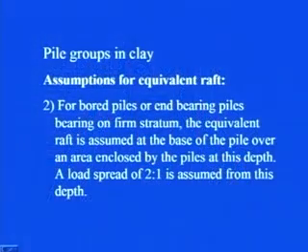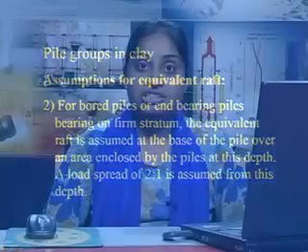The second point is that for bored piles or end bearing piles on firm stratum, the equivalent raft is assumed at the base of the pile over an area enclosed by the piles at this depth, and then a load spread of 2:1 is assumed from this depth. As I mentioned earlier, this equivalent raft is assumed to be placed at some arbitrary depth.